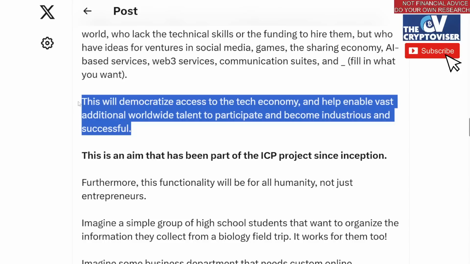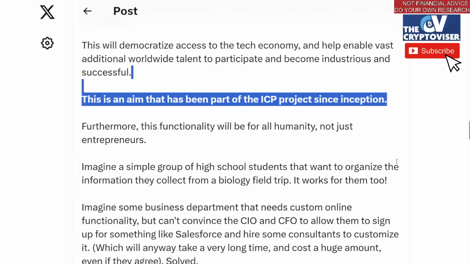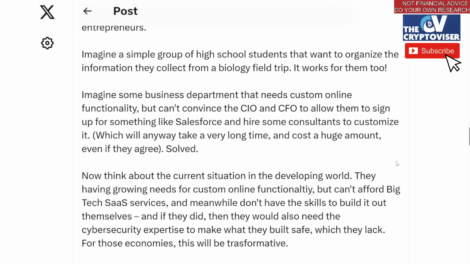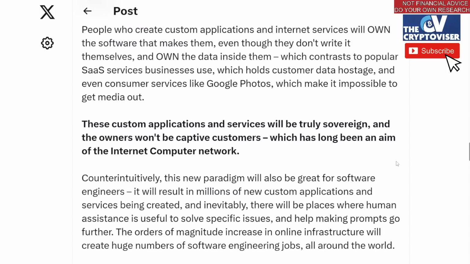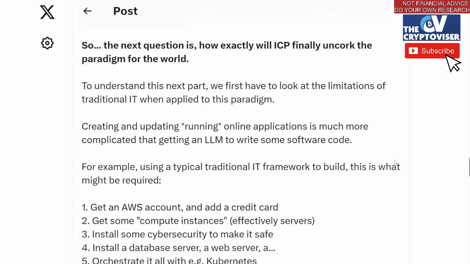This is the aim that has been part of the ICP project since inception. So, guys, this is what the Internet Computer is trying to achieve, right? They're trying to become the next big platform for this technology, right?